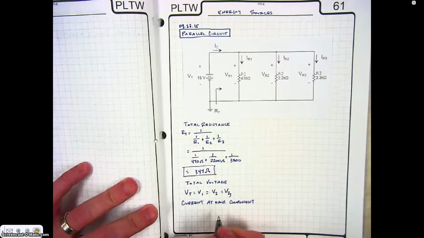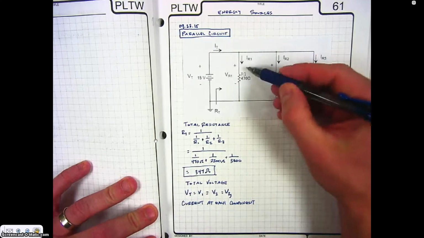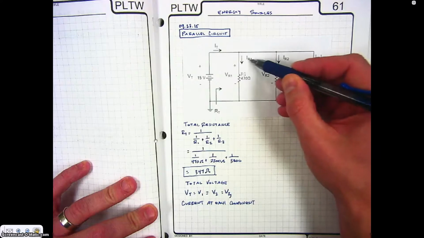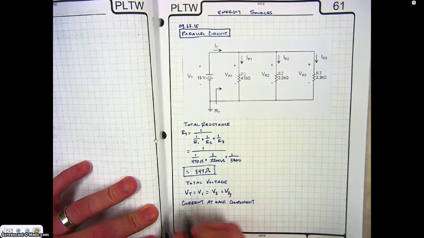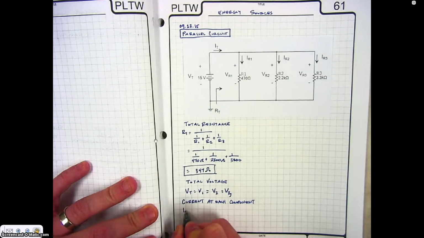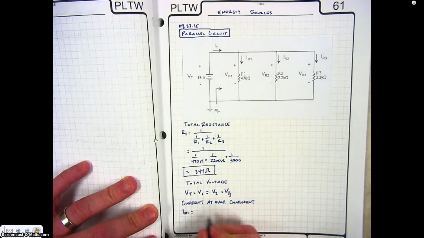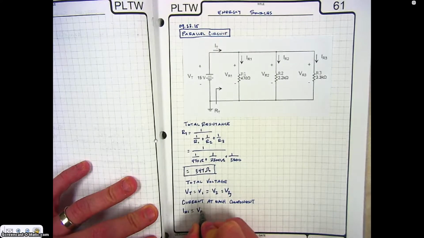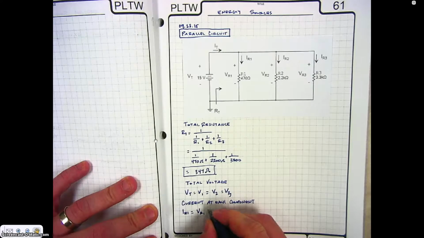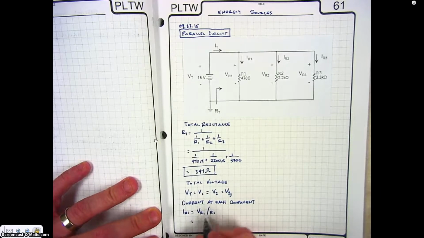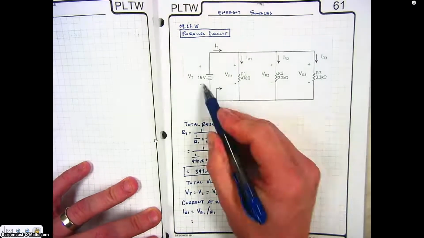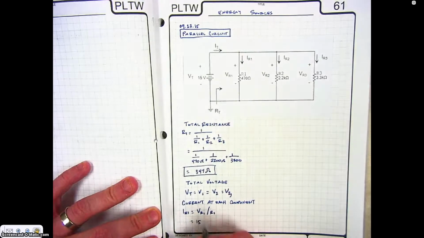We'll use Ohm's law to do this. The current at each component: here is component 1, here's the current at resistor 1, and that's what we're going to calculate first. The current at resistor 1 is equal to the voltage at resistor 1 divided by the resistance of 1. The voltage is going to be a constant number in a parallel circuit, so it's 15 volts.